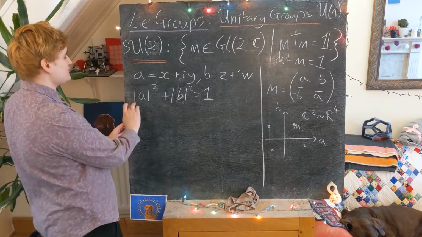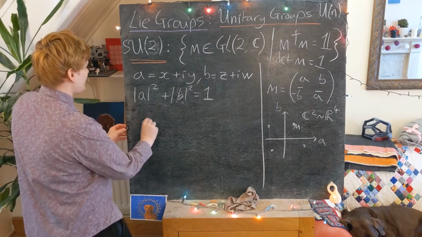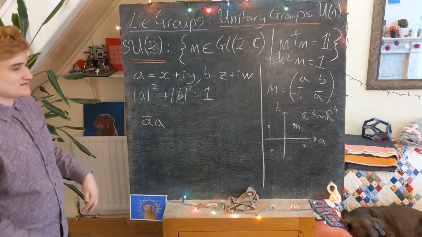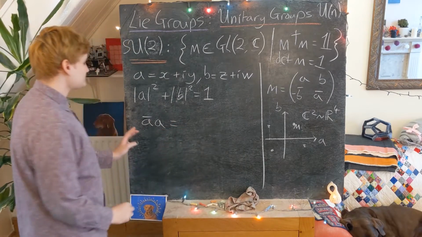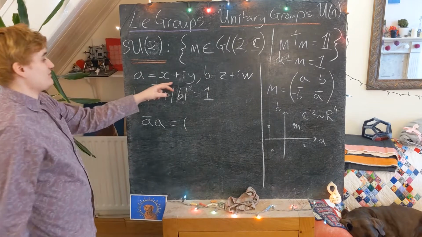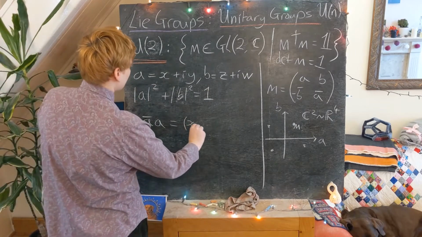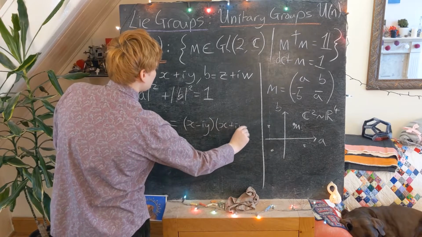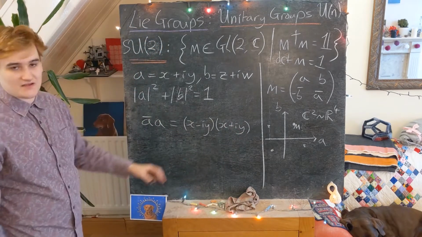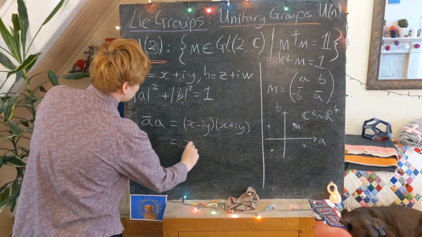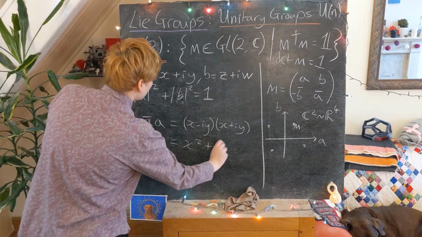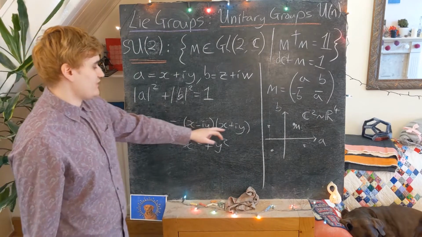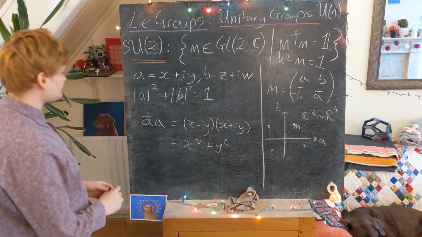Just to remind you, to take the modulus squared, you're essentially calculating the product of a complex number with its complex conjugate. And so just now subbing in the definition of A, this is going to be x minus iy, x plus iy. And so this modulus squared is simply just going to reduce to x squared plus y squared. Just expanding out the brackets, all of the i's are going to cancel.